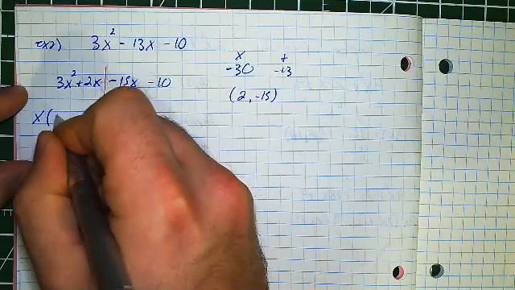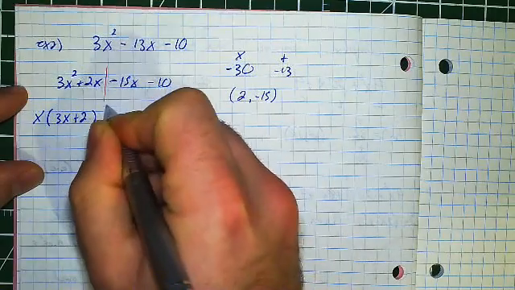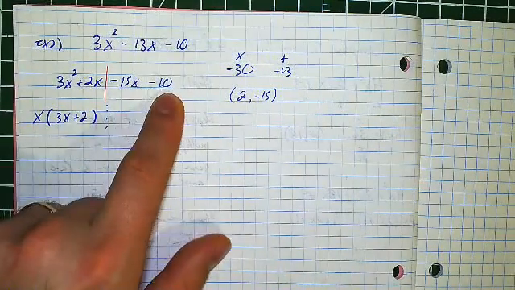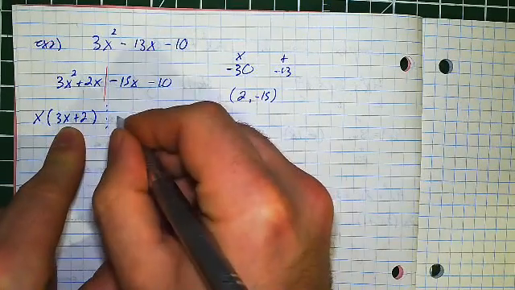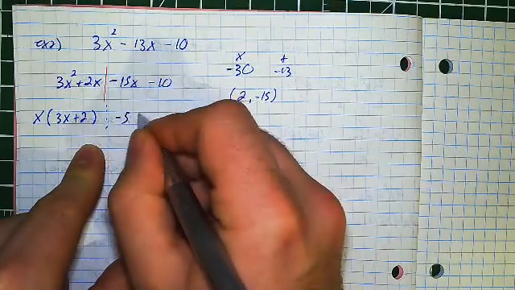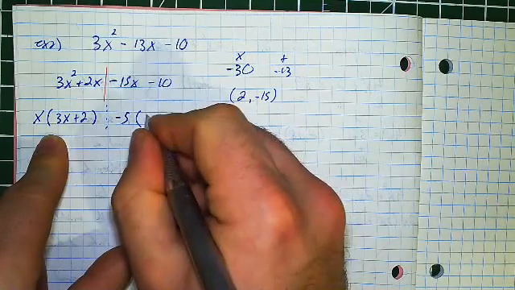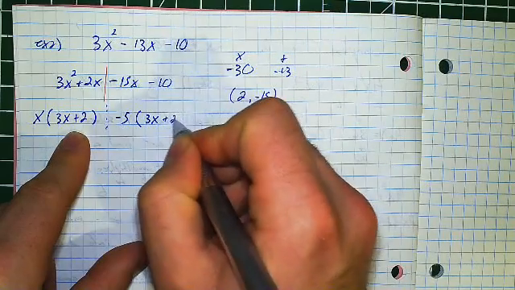What I'm left with is 3x plus 2. Negative 15x minus 10. Again, my goal is to try and get 3x plus 2. So if I pull out a negative 5, because negative 15 divided by negative 5 gives me 3x, and negative 10 divided by negative 5 gives me a positive 2.